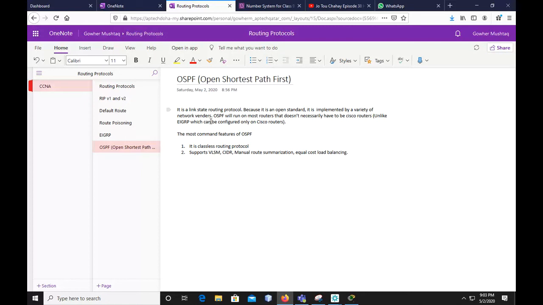So it supports all these features, and incremental updates are supported. It's going to send incremental updates.